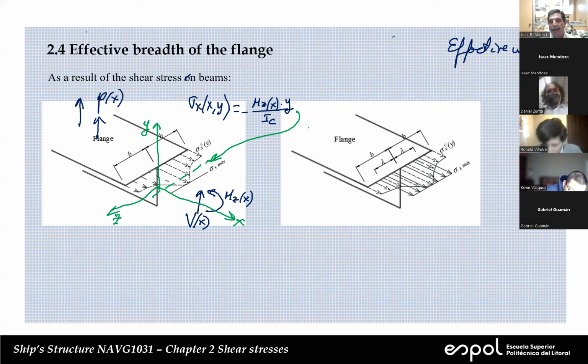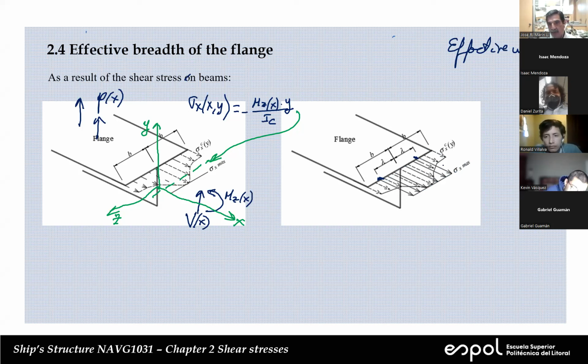Now, instead of this distribution, which is very complicated to determine, what we do is assume that in this region, from here until here in the flange, we have a uniform distribution of stress equal to the maximum value. This value is the one that we try to determine, okay?